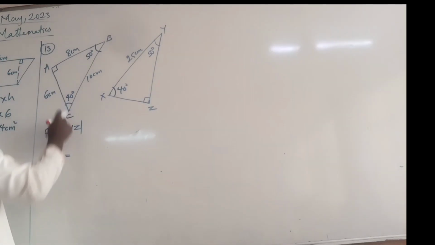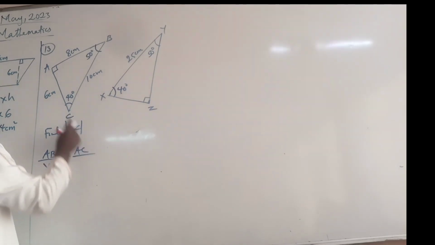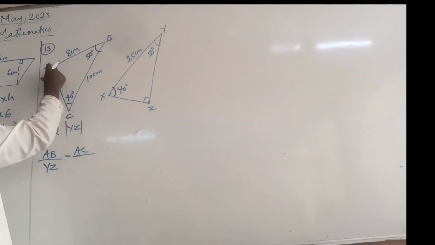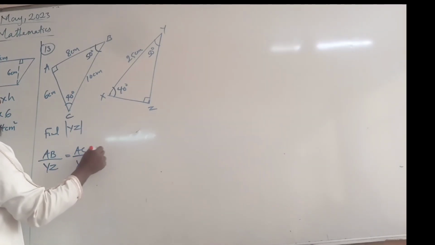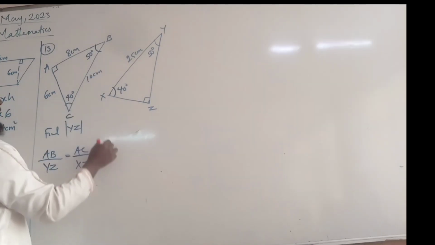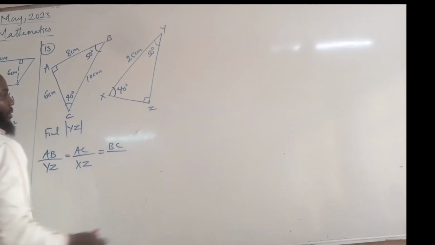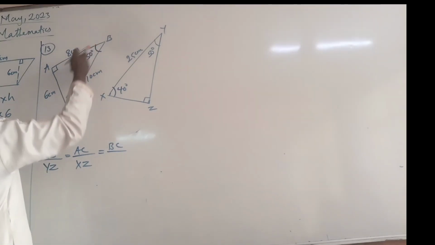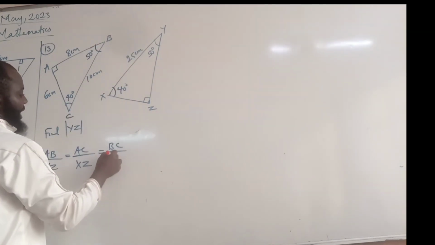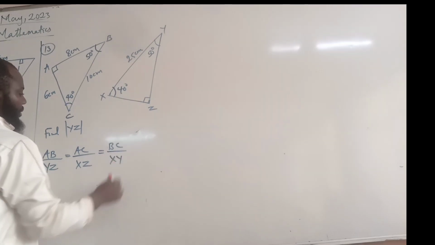If I pick AC, the line that corresponds to AC, which is 90, 40, 90, 40 is what? XZ. Am I with you? Then if I pick BC, the line that corresponds to BC, BC is 50, 40. 50, 40 is what? XY. Is that clear?